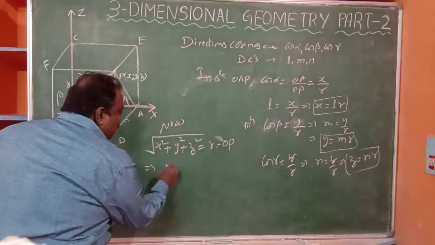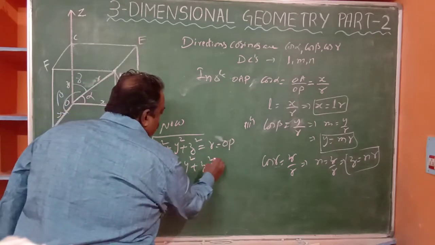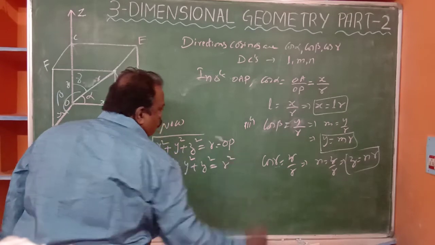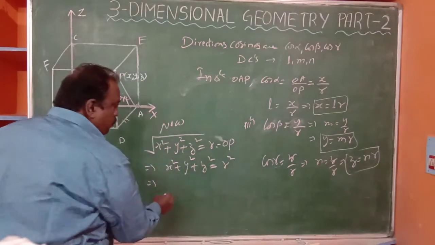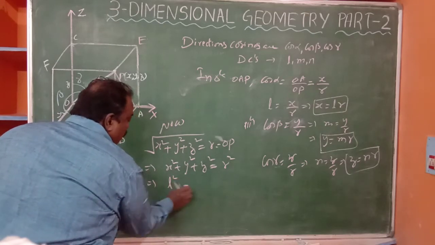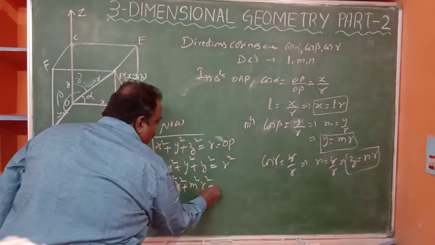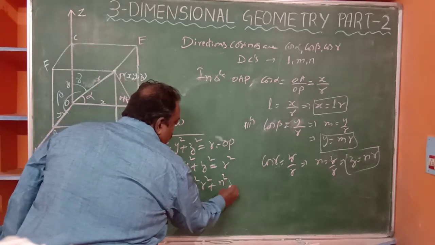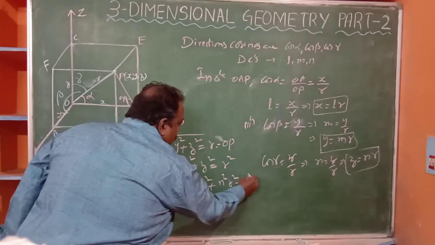That implies x square plus y square plus z square is equal to r square. What is x square? It is l square r square. It is m square r square. It is n square r square. All that is equal to r square.